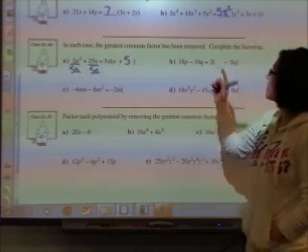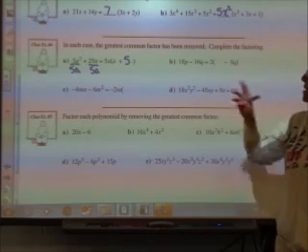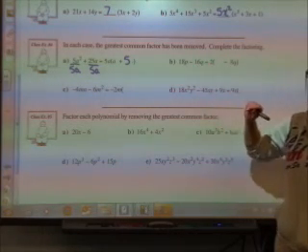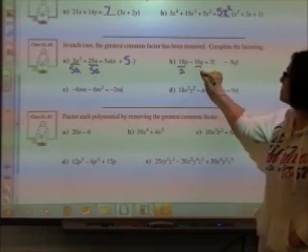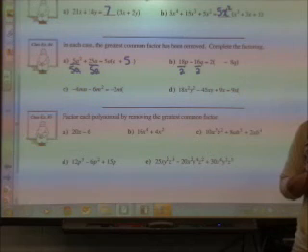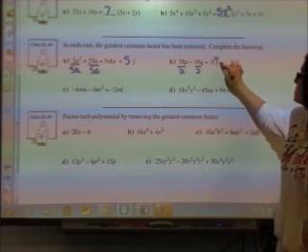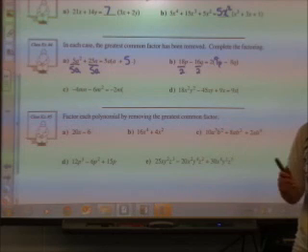Okay? So if I look at b, in this case they factored out a 2. So that means dividing each term by 2. What's 18p divided by 2? 9p. And then 16q divided by 2 would be 8q.